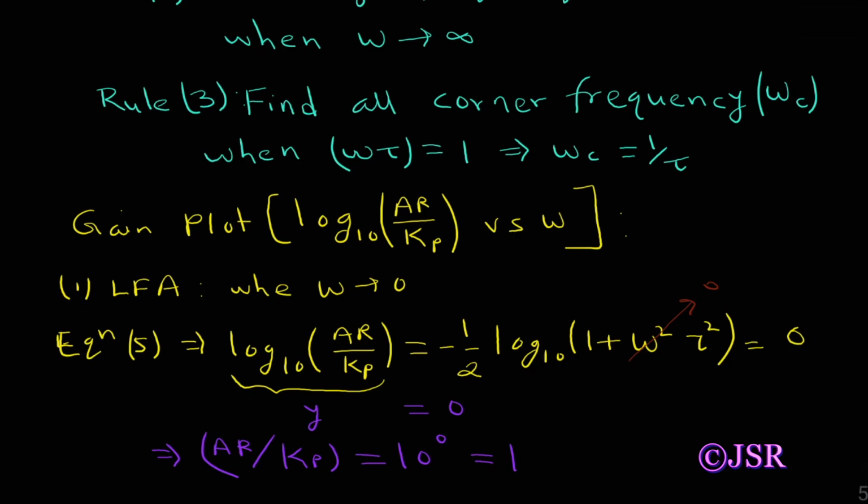So the low frequency asymptote starts from 1.